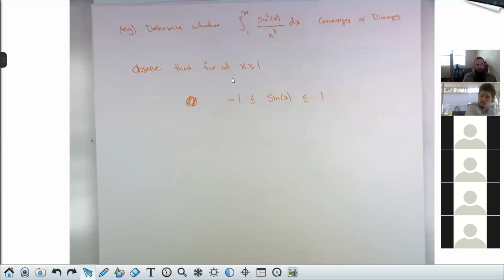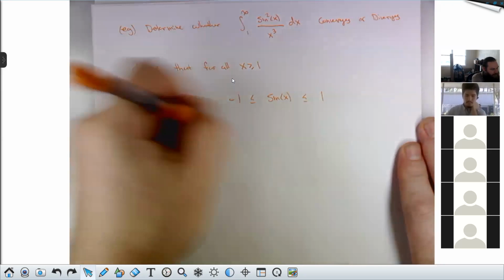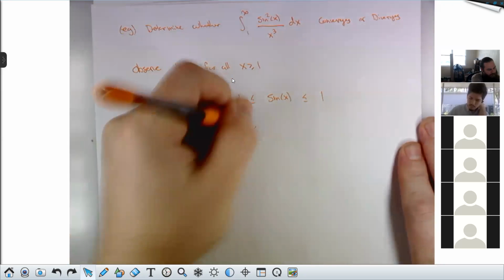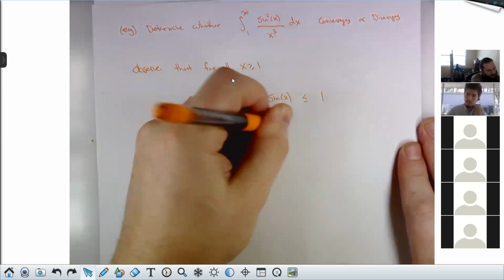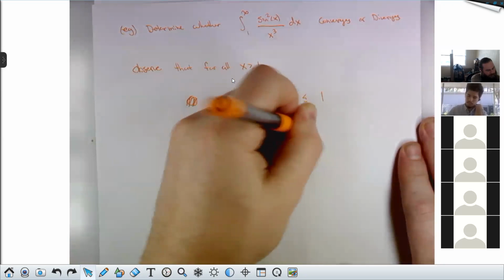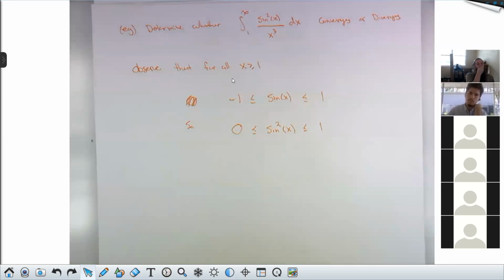This is always true of the sine function, right? Sine function's outputs are always between -1 and 1. So 0 is less than or equal to sine squared of x is less than or equal to +1.